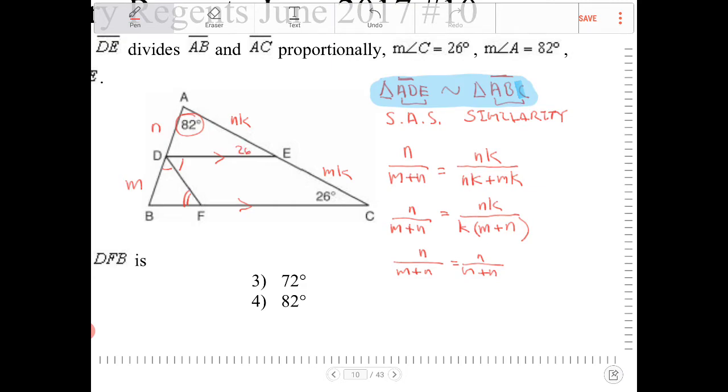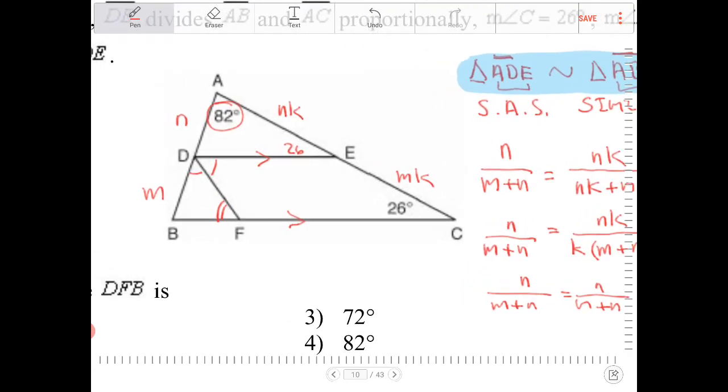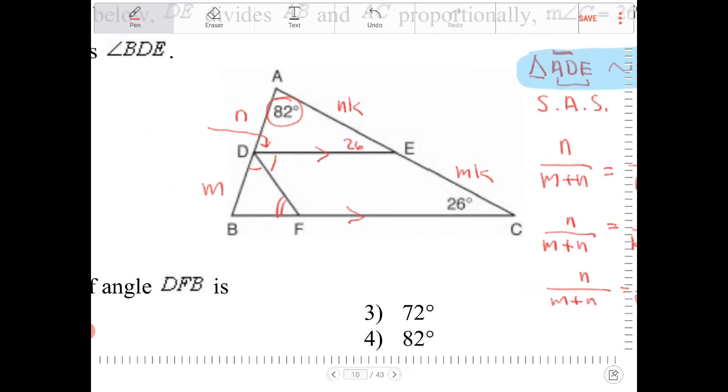Angle DEA is going to be 26 degrees. And if I know that that's 26 degrees, then I can figure out what is angle ADE, this angle here. And that would be supplementary to 82 and 26. So if I add 82 and 26 together, I would get 108, and subtract that from 180, I would get 72 degrees.